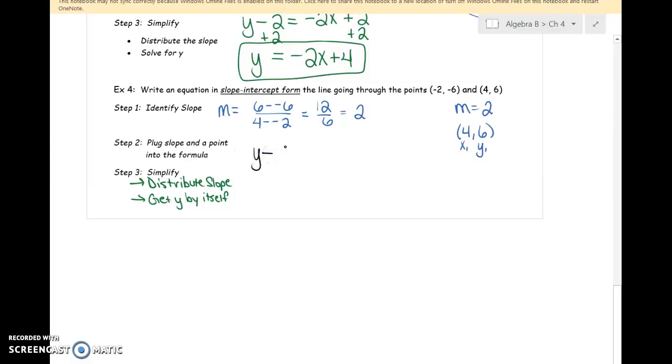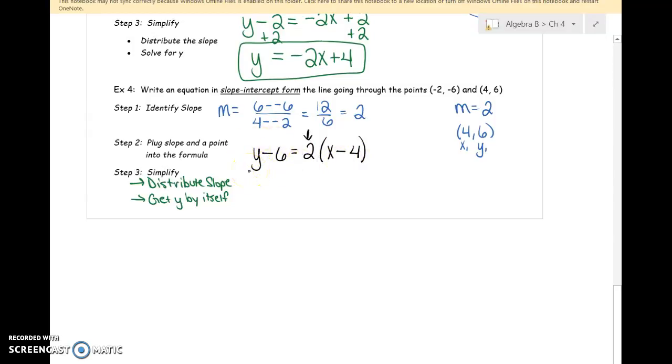y minus 6 equals 2 times x minus 4. Now, it is very easy to make this mistake. It's very easy just to try to use these numbers in order, 4 and then 6 and then 2. Make sure you're putting your m, your slope, in this spot, and your x with the x, and your y value with the y value.